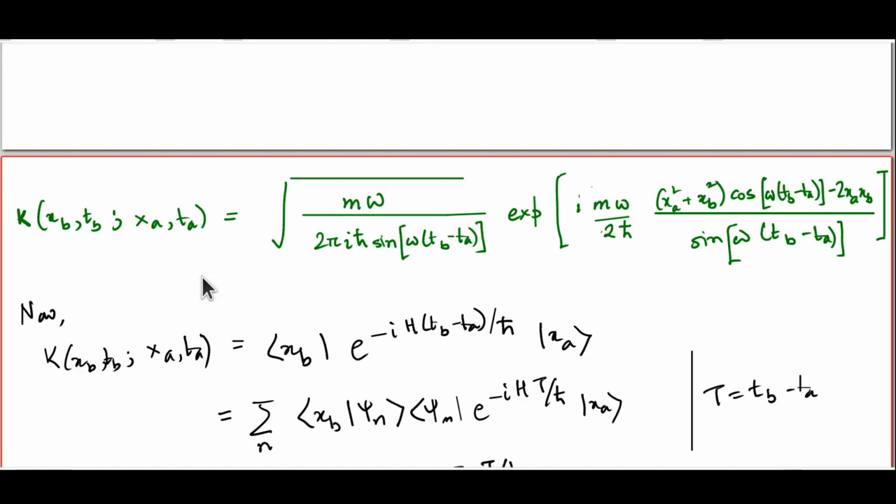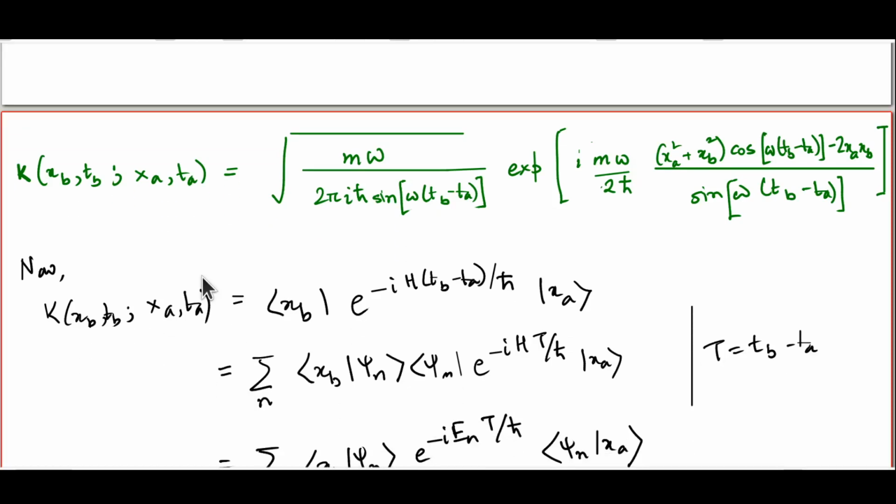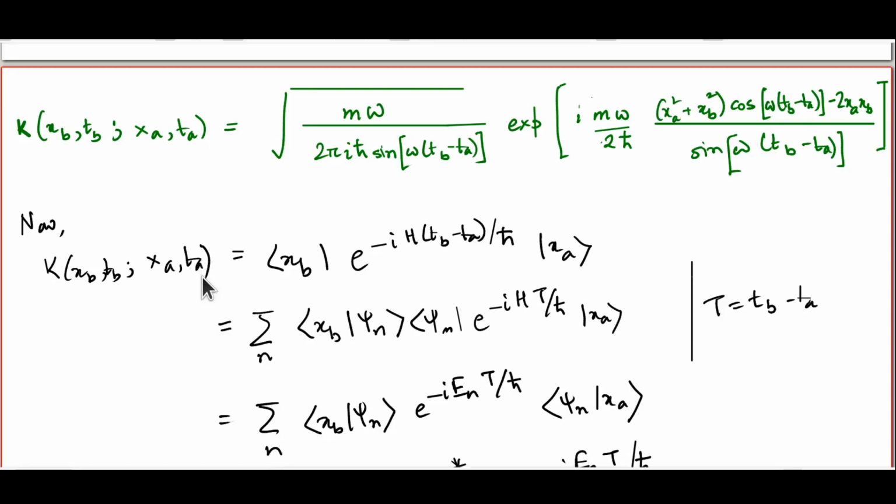Now, using the fact that the Hamiltonian has psi n as an eigenstate, it's very easy to see that you can rewrite this expression as the sum over all n of the overlap of xb with psi n, times e to the minus i En T over h cross. That's what you get when you apply the exponential e to the minus iHT by h cross on the bra psi n from the right, followed by the overlap of psi n with xa.